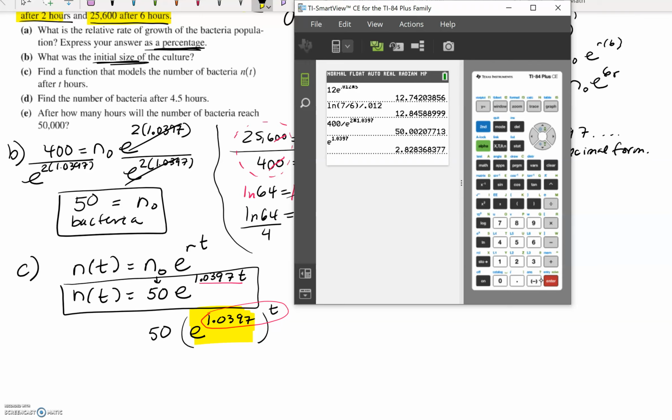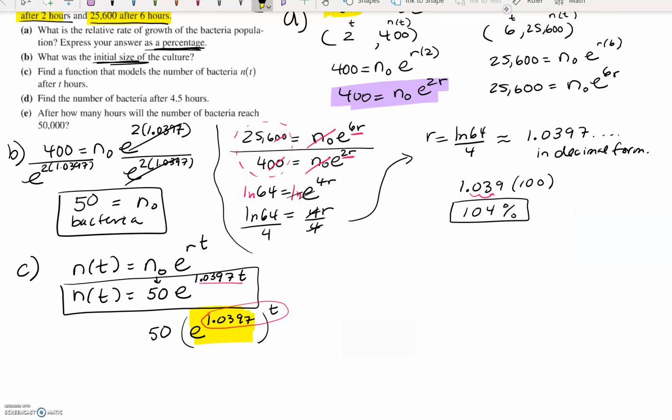So that bacteria pretty much triples every hour, because a relative growth rate of 104% is comparable to a 2.82 growth factor. So 2.83, let's say, if I round it to 2 decimal places. This model can also be written in terms of its growth factor, 50 times 2.83 to the t.